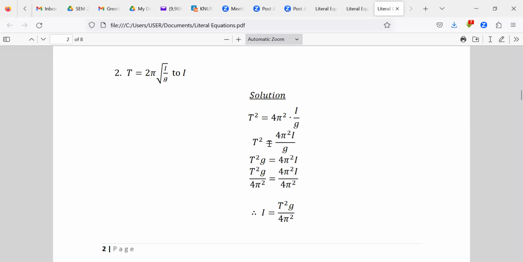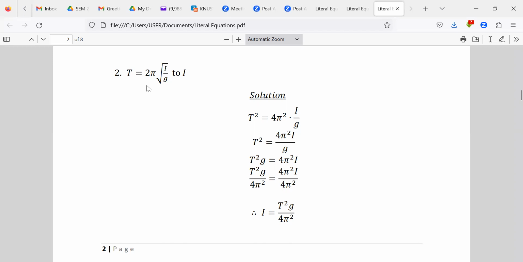So we multiply both sides of the equal sign by G. So we get T squared times G being equal to 4 pi squared times our L. The next step is that because we want to change the subject to L, we divide both sides by 4 pi squared, leaving our L. So 4 divides 4, pi squared divides pi squared, we get our L. So when we interchange, we bring our L here. Then on the right-hand side, we get T squared G all over 4 pi squared.